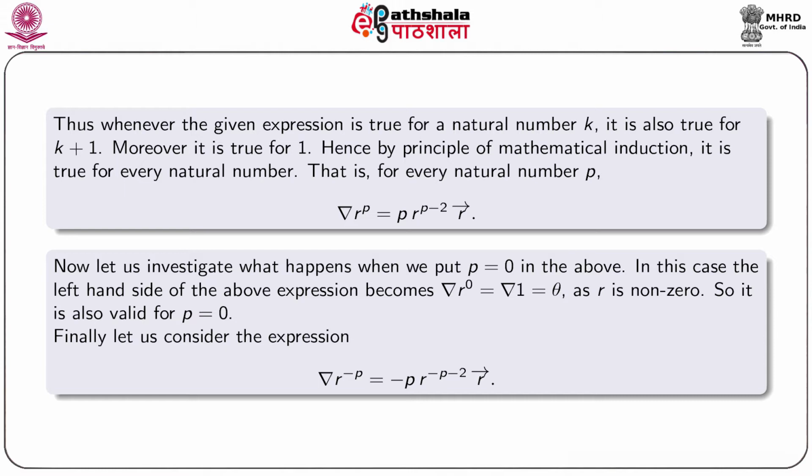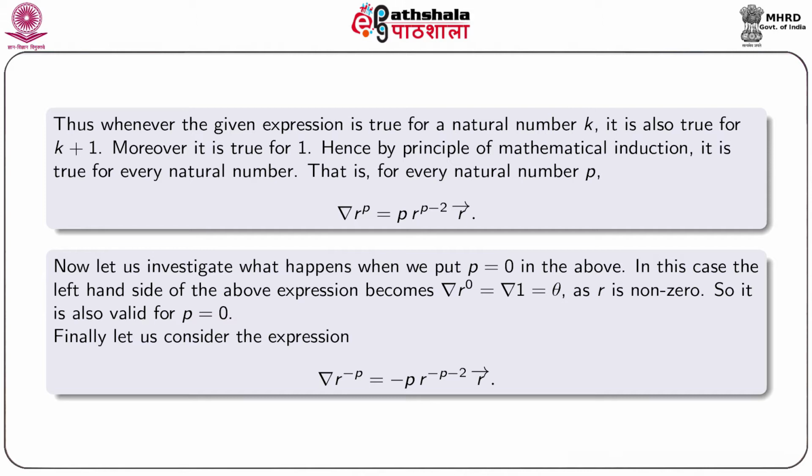Thus, whenever this given expression is true for a natural number k, it is also true for the next one. Moreover, we have first shown that it is also true for 1. So, using principle of mathematical induction, we can conclude that it is true for every natural number.